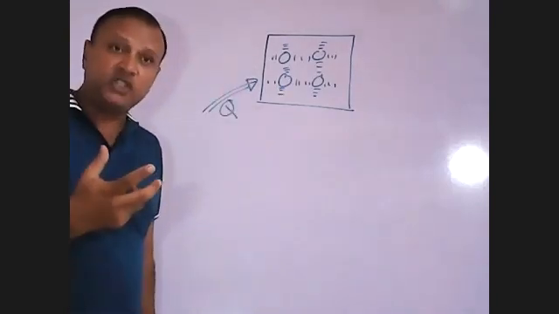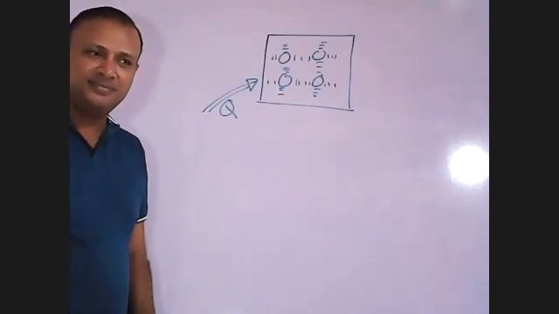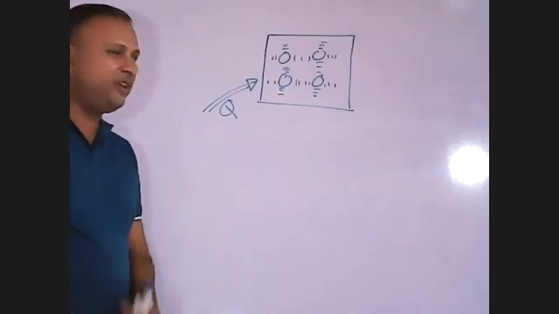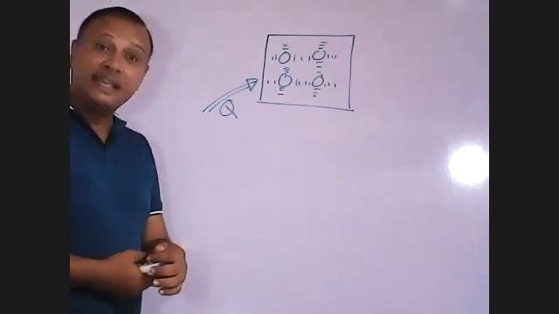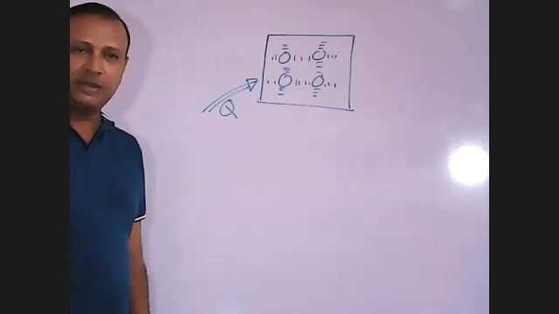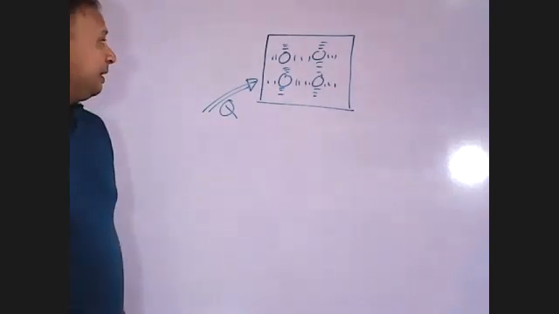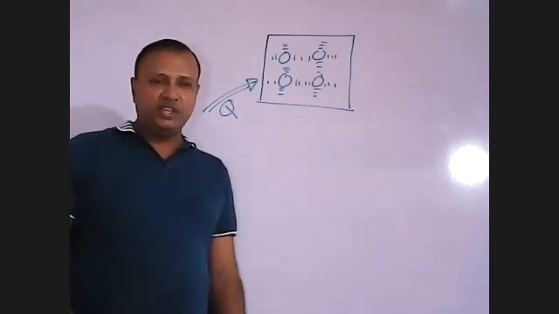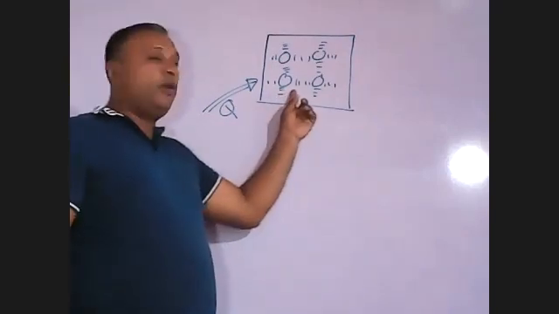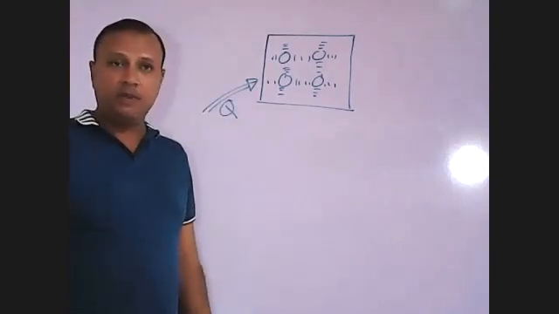Once we supply it, what will happen first? Initially, the kinetic energy of those particles increases. Very good. At the first stage, there won't be any significant change in the potential energy or strength of intermolecular bonds.